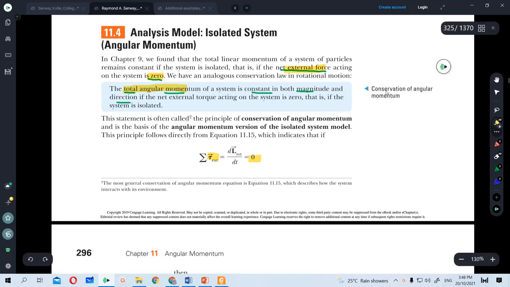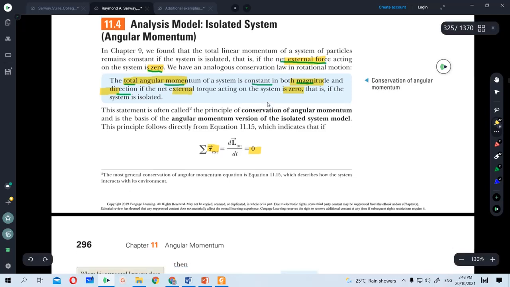So the conservation of angular momentum is written as total initial equals total final; the total angular momentum is constant, in both magnitude and direction. But external force and external torque should be 0. That is, the system is an isolated system.